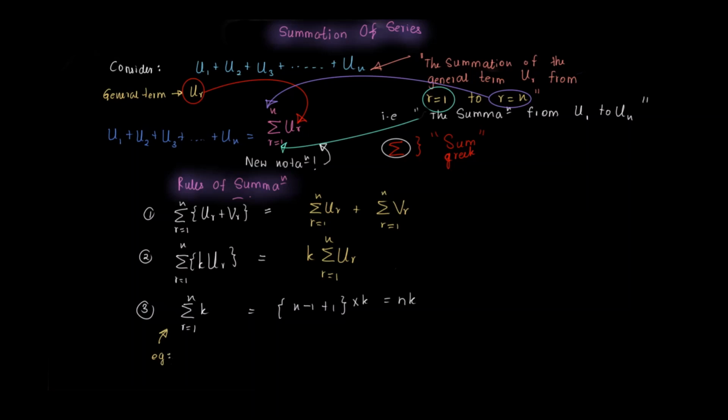Let's look at an example just to identify what this actually means. Sigma lambda. I said lambda can be any scalar, any term independent of R. So R is equal to A to B gives B minus A plus 1 times lambda. Simple.